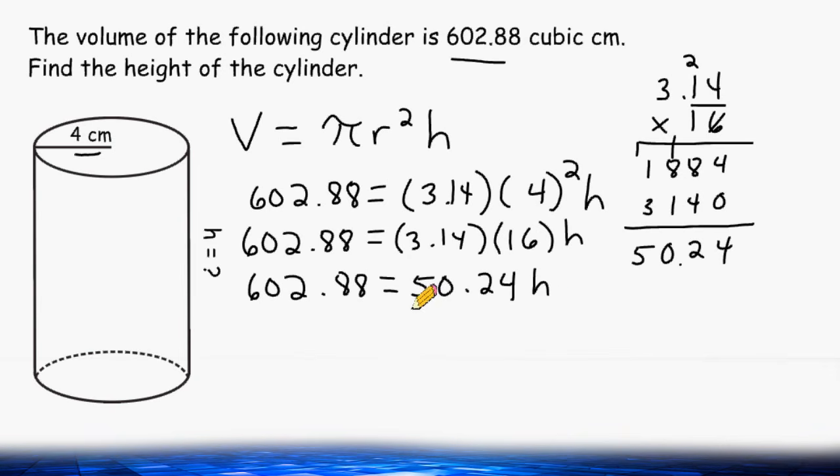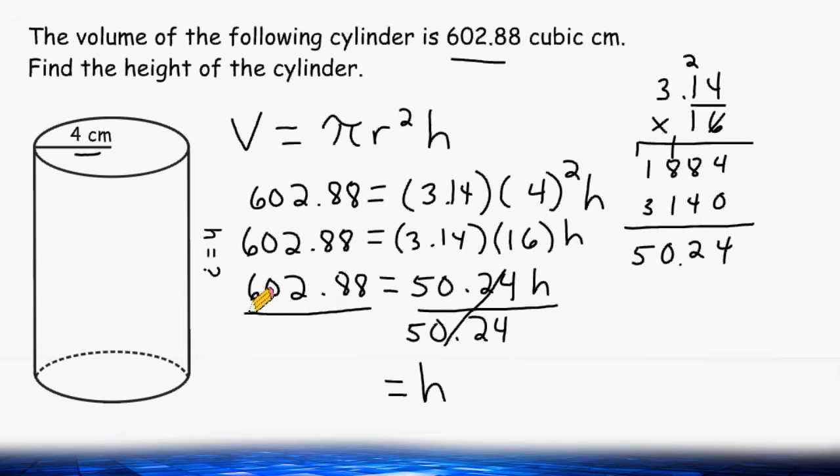We are going to divide this side by 50.24 because that will leave us with 1h on this side of our equation. And that is what we're looking for, the value of h. So we are trying to get h by itself. And we have to do the same thing on the other side to balance out our equation.